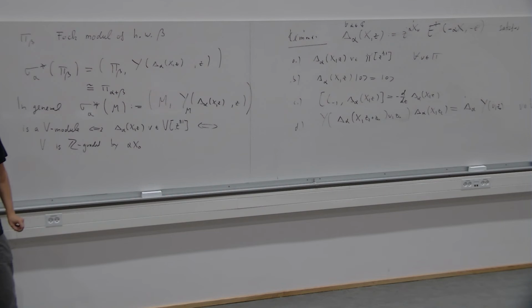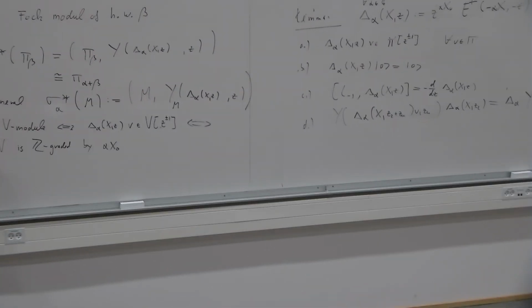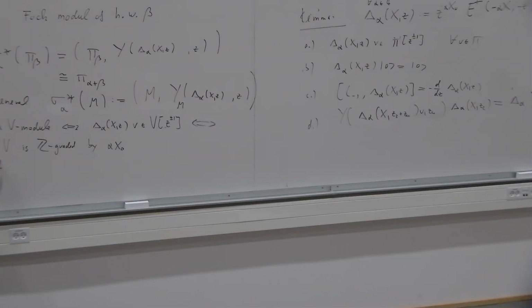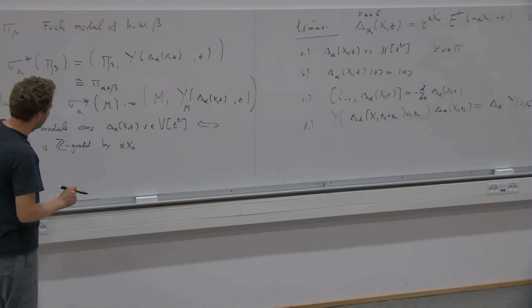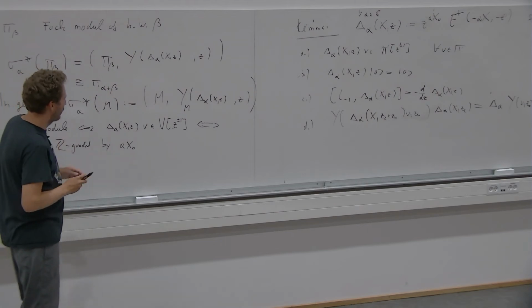I think that's his complaint, that they're not equivalent, because the bottom one shouldn't imply the first one. Saying that it is a polynomial feels a lot stronger than saying that it is graded by alpha x naught. Maybe they are equivalent, but it's not obvious. Exactly.